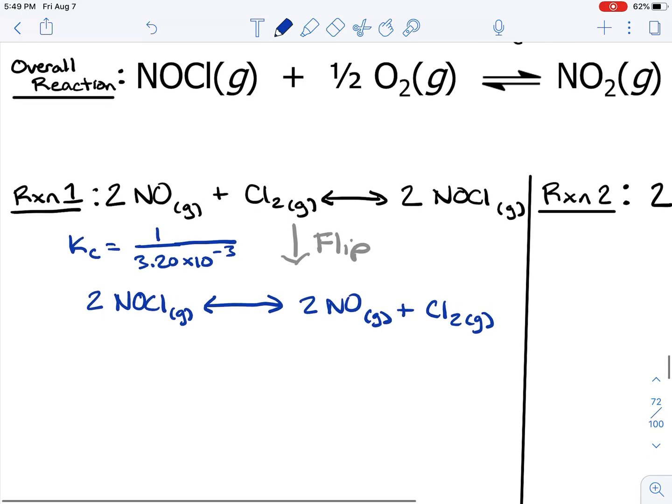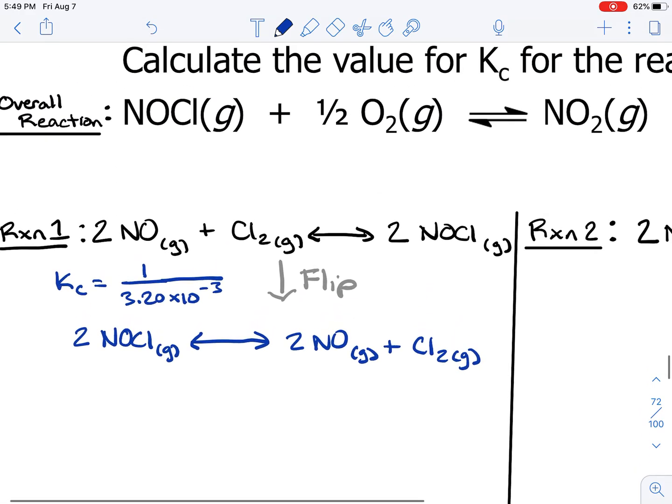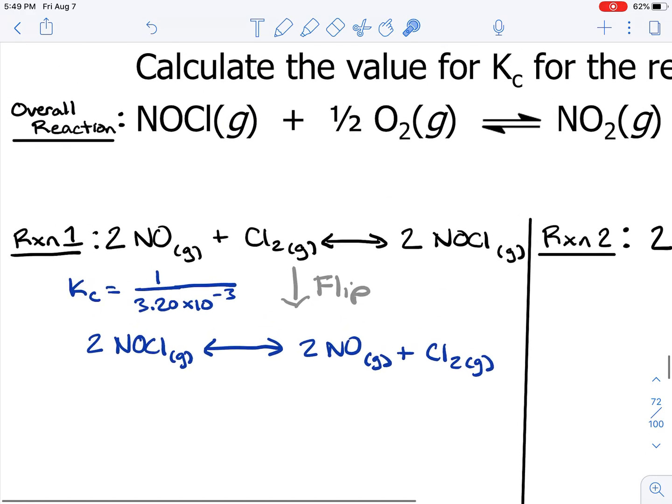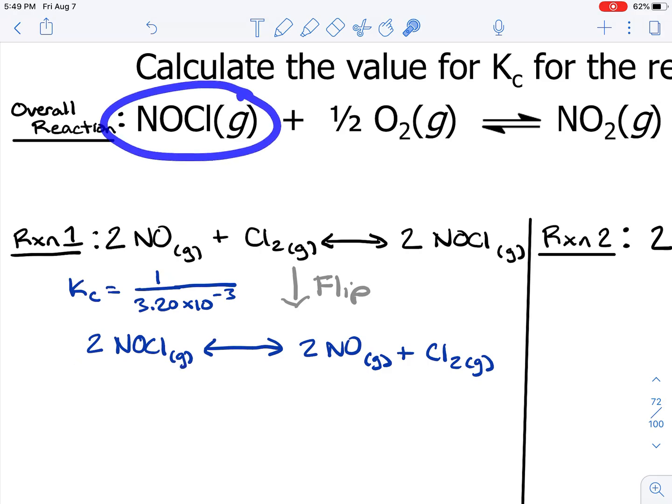All right. And so now if you compare the overall reaction to what we currently have, notice that we still have 2 NOCl, but here there's only 1 NOCl.